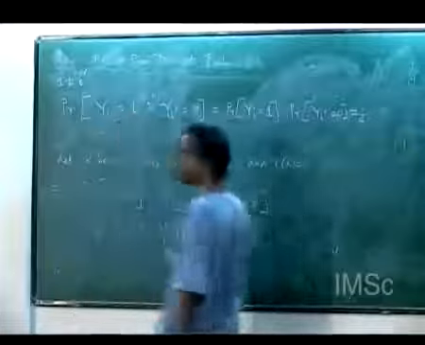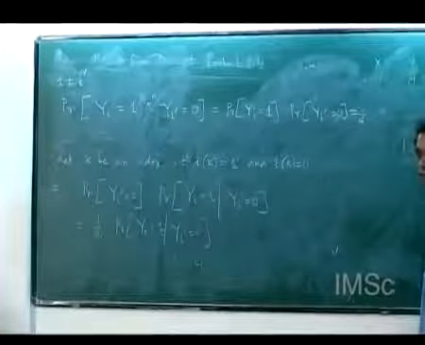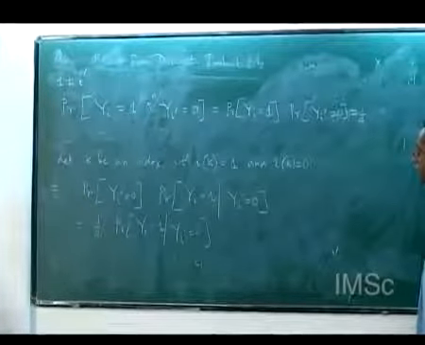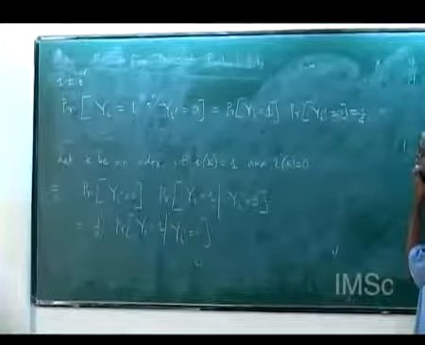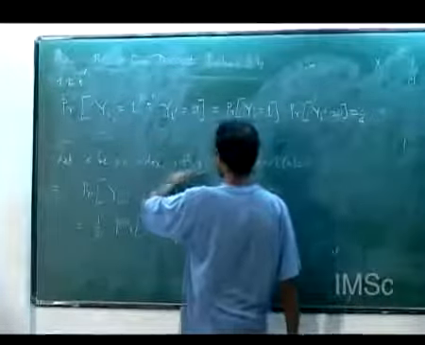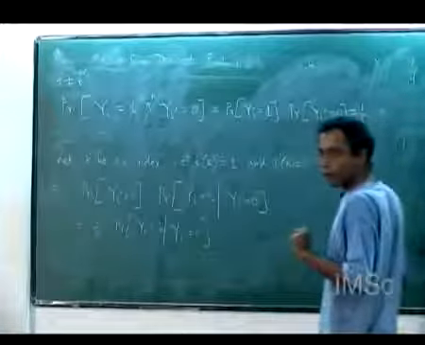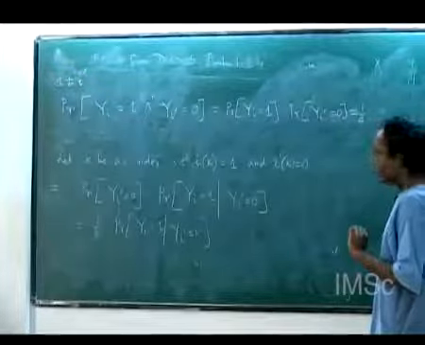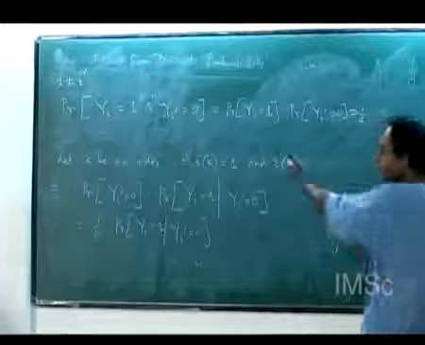Now why is this second one half? This is the question. You have to use the fact that k is the index such that ik is 1 and i prime k is 0. Without loss of generality, assume k to be 1.